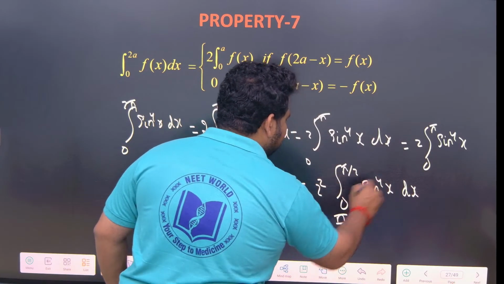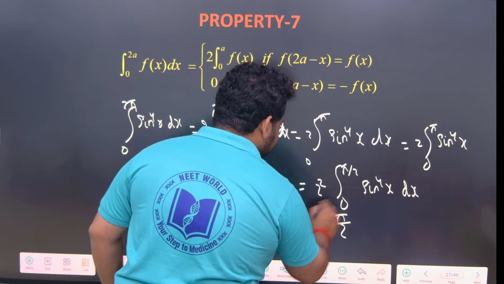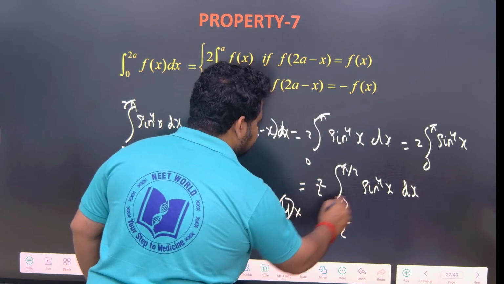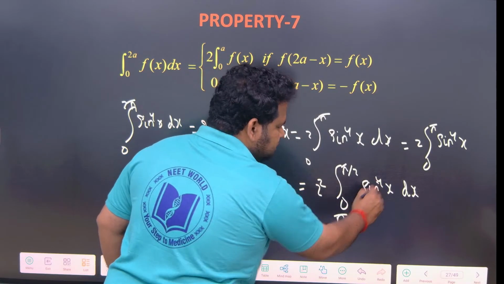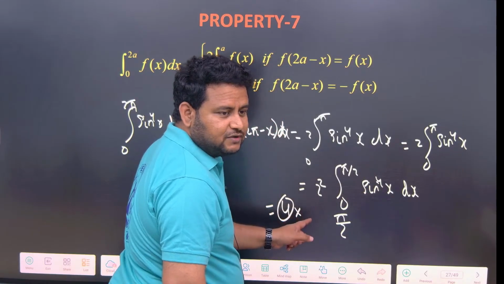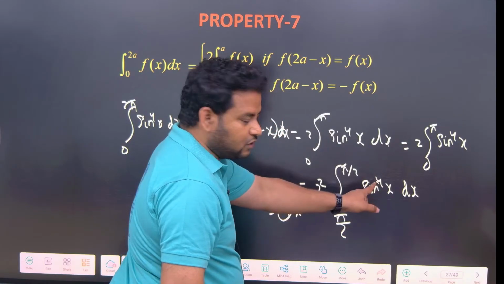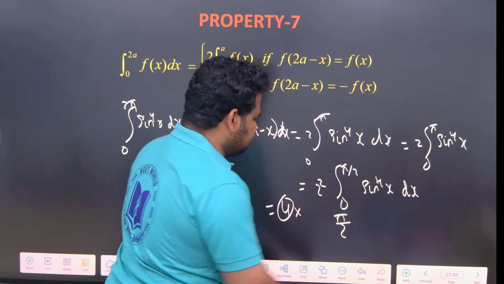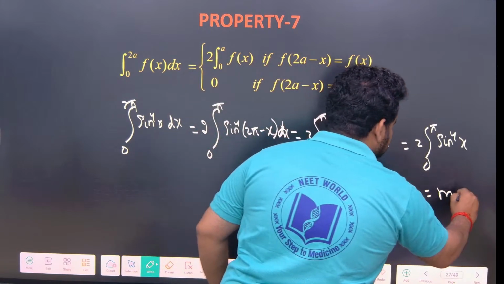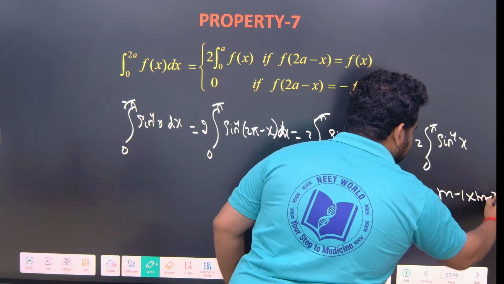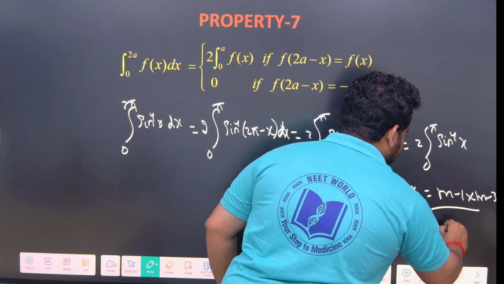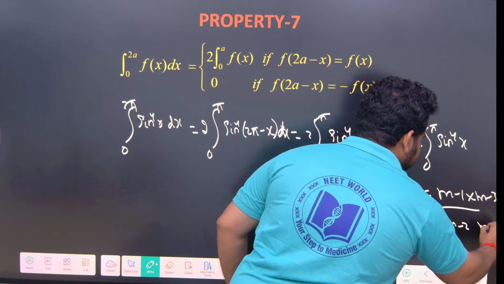Numerator, what should I write? Forget about the 4 for now. The formula is m minus 1 into m minus 3, and it goes on, divided by m into m minus 2, m minus 4.